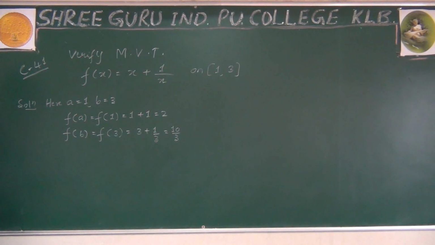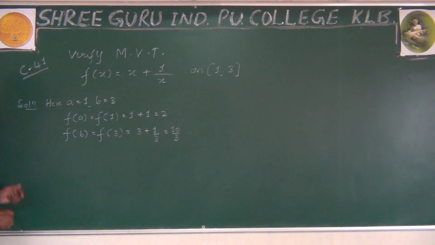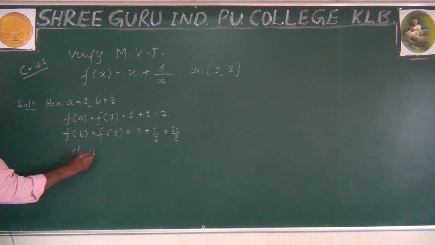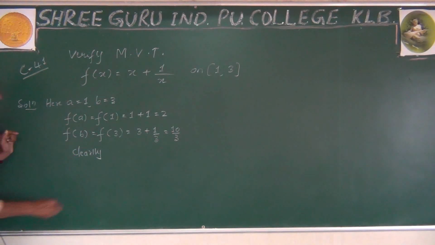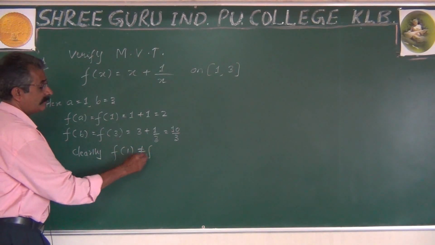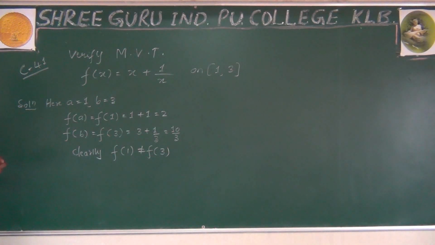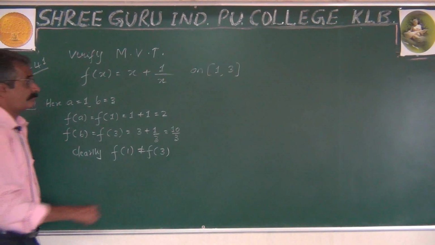And we can observe that f of a is clearly not equal to f of b, clearly f of 1 not equal to f of 3. That means we are supposed to apply Lagrange's mean value theorem but not Rolle's theorem.